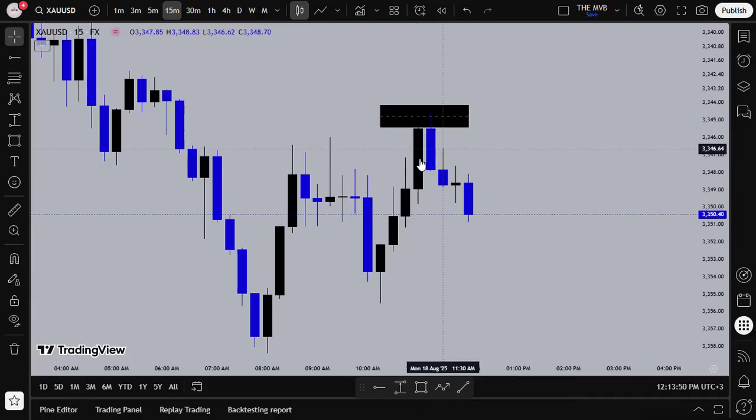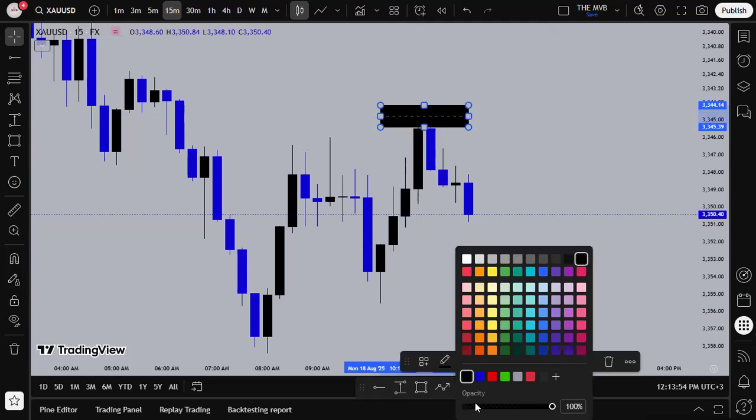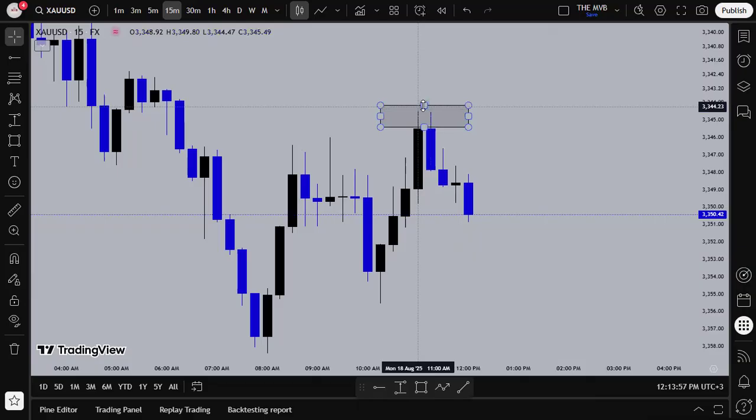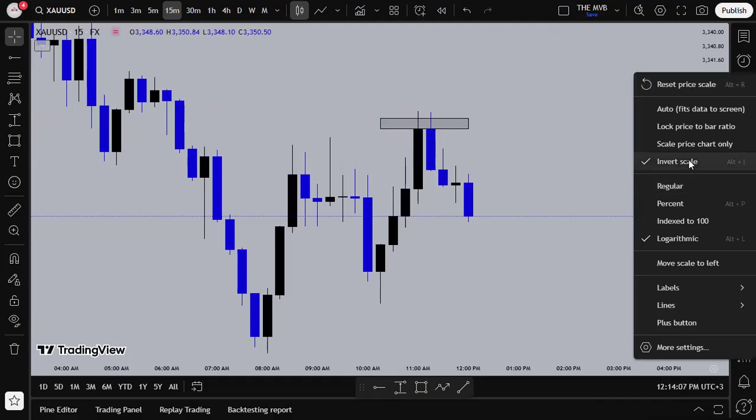Sorry, let me change the color here quickly. Okay, now you can see the market created this strong level here. Oh, sorry, I inverted the chart.